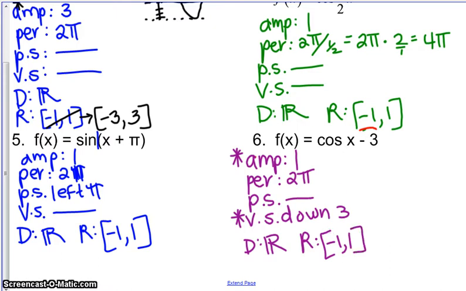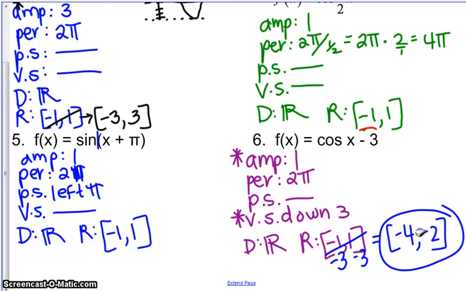So we would multiply by our amplitude, doesn't cause it to change. But for our vertical shift, we're moving everything down 3 units. So in order to find our new range, we would subtract each of these numbers by 3 because it says move down 3. So our new range is not going to be from -1 to +1. It's going to be -1 minus 3, which is -4, and 1 minus 3, which is -2. That would be our range for this graph.